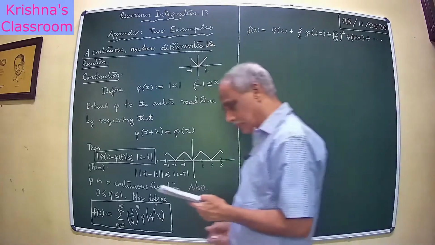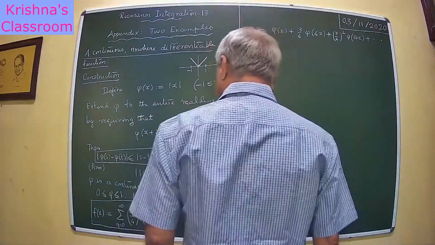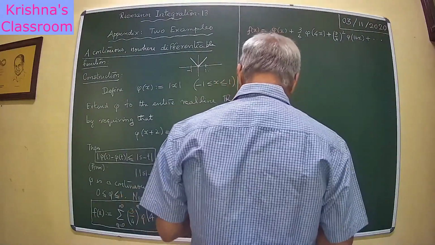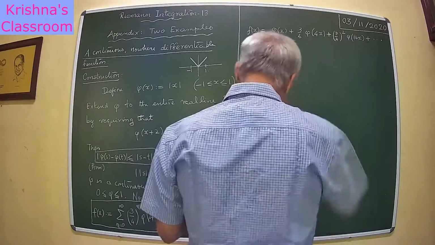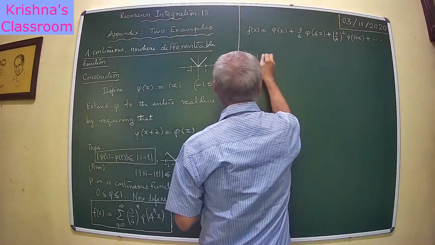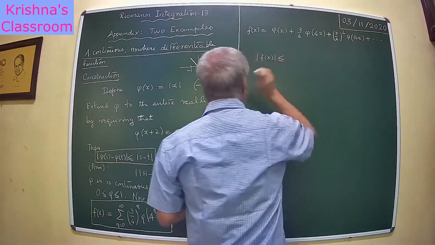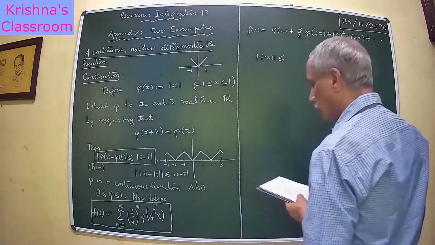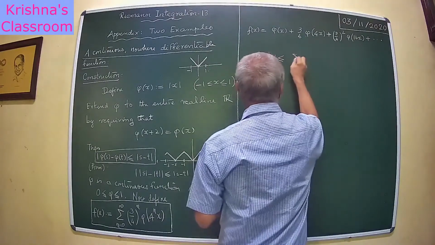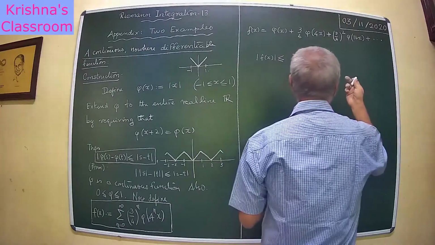Now let us examine what these functions are. But before that, let me make some statement about this. You can simply see that mod f of x is less than or equal to sigma of 3 by 4 to the power n, since phi is bounded by 1.